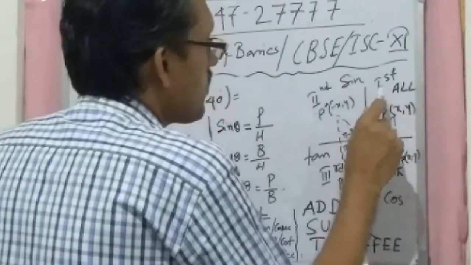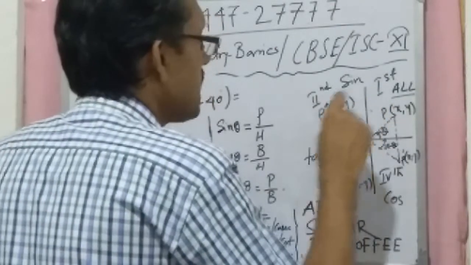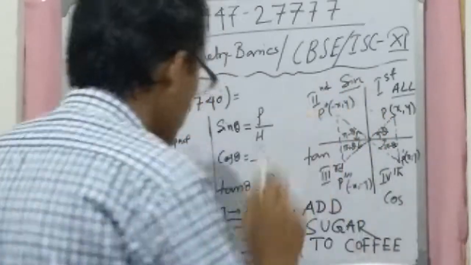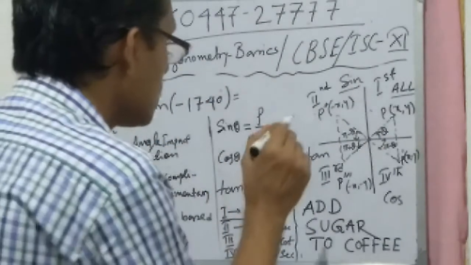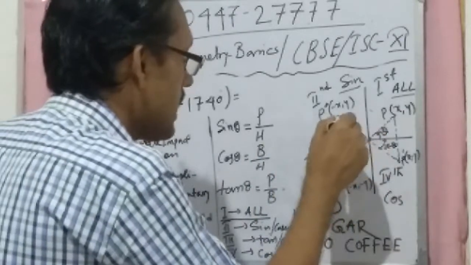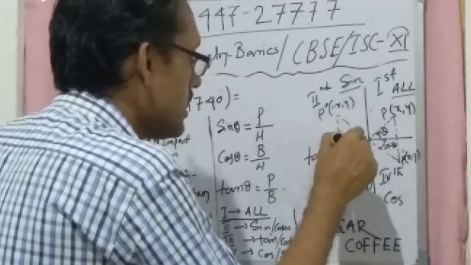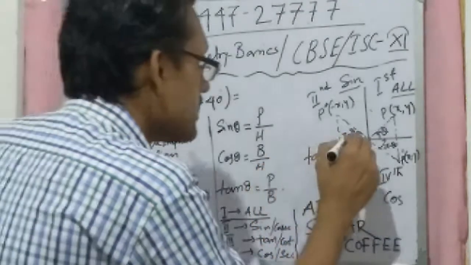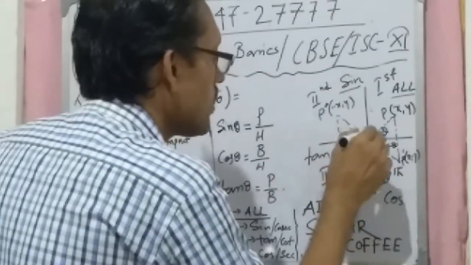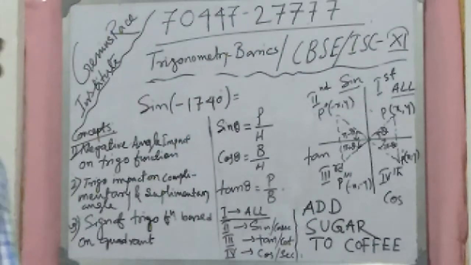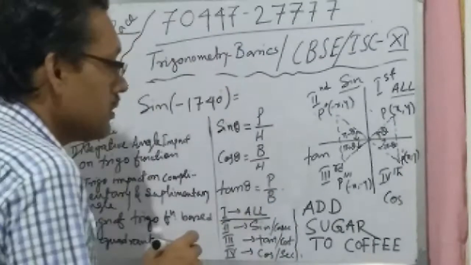That is, in the first quadrant all are positive, in the second quadrant sine or cosec is positive. Now in the third quadrant, if the entire angle is theta, we can write pi plus theta, because this segment is theta and this is the overall pi.